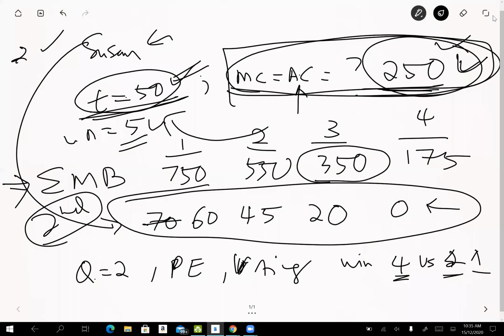The average cost will be 250. But when you sum them up, here you got 350. You see? So that is the problem.